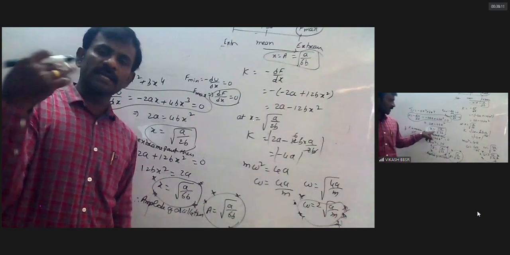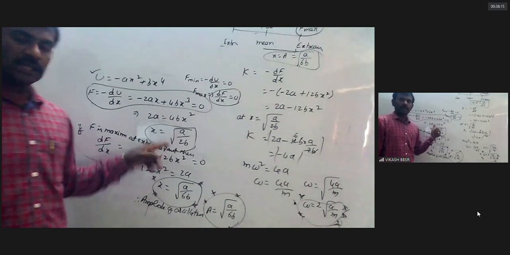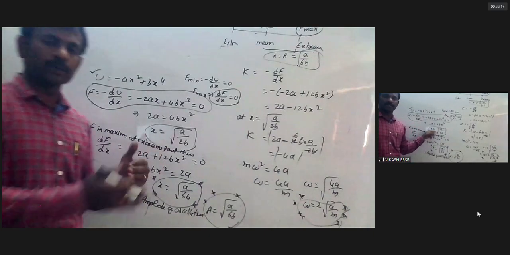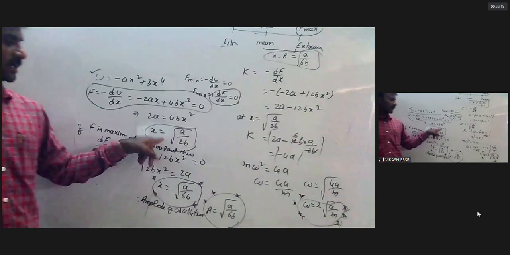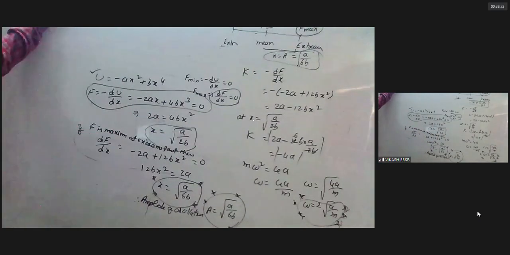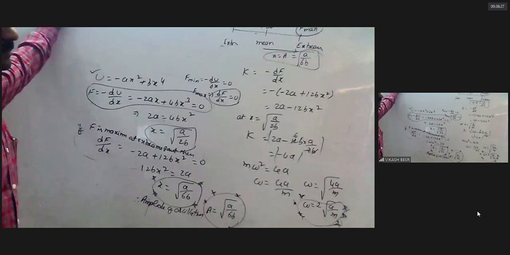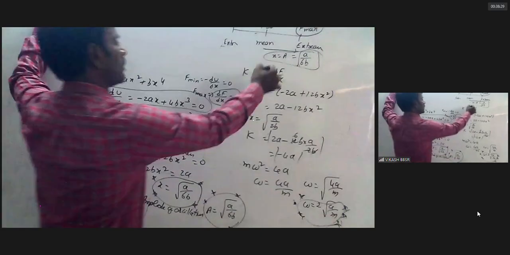But at this position, it moves towards the extreme or towards the peak. Can take this, x is equal to a by 2b, by putting k equal to df by dx. Keep in the modulus.